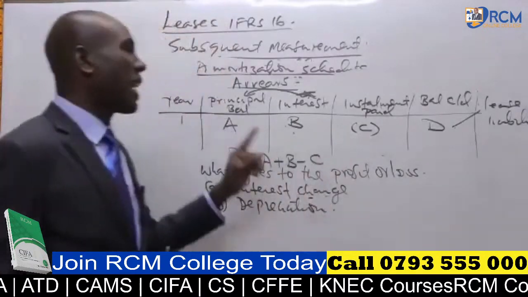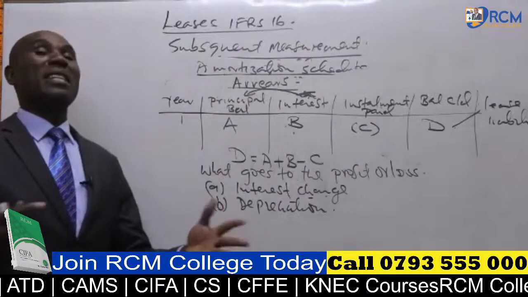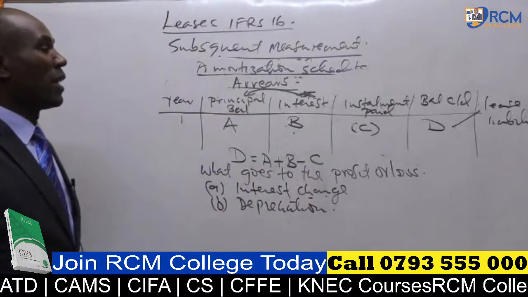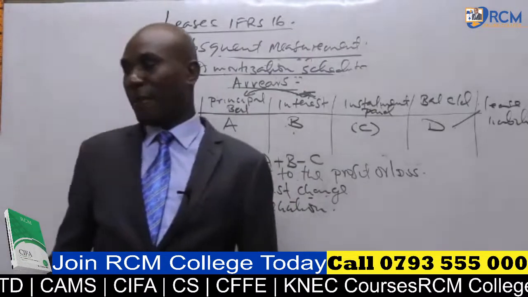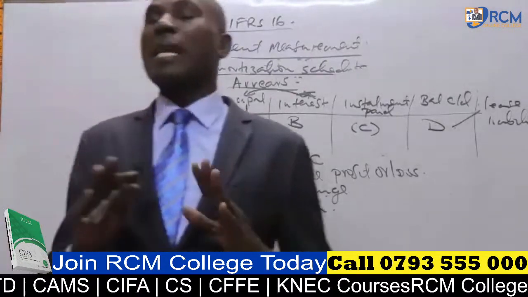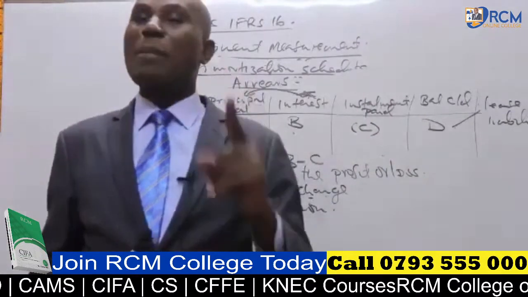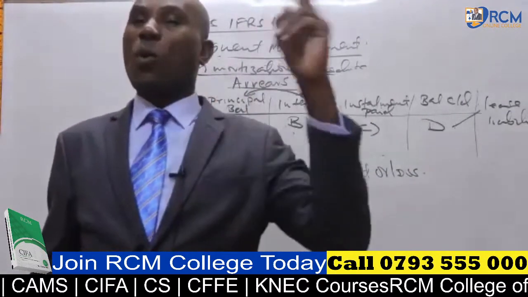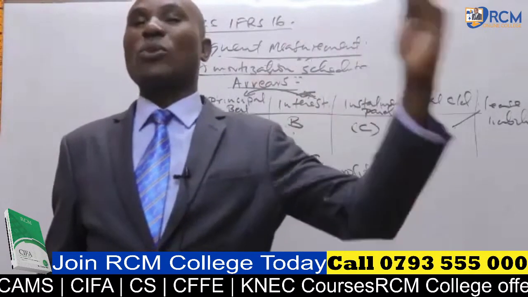When payments are made at the end of the year, the examiner will ask you for year one. Listen very carefully. For example, prepare the financial statement for year 2023.